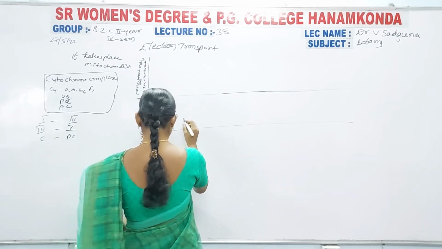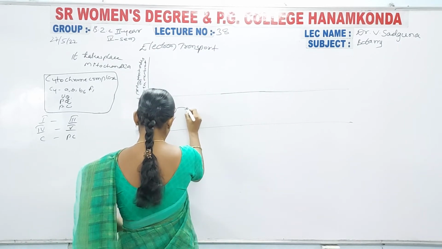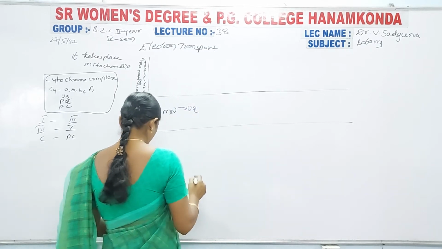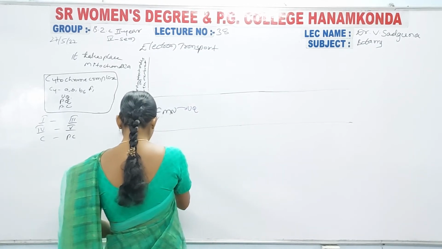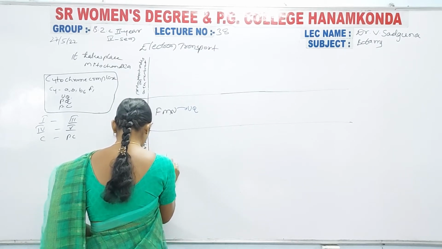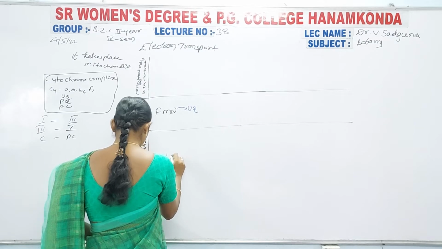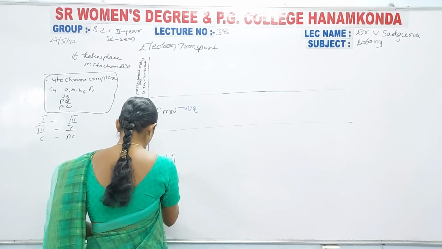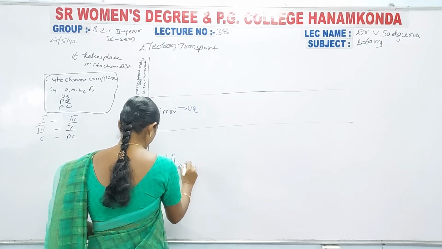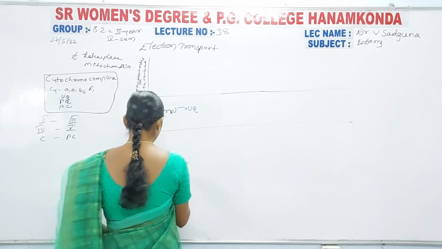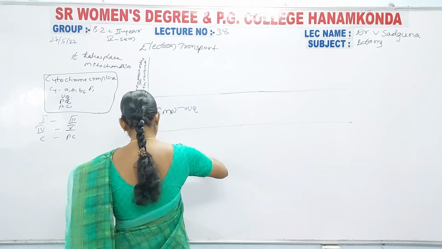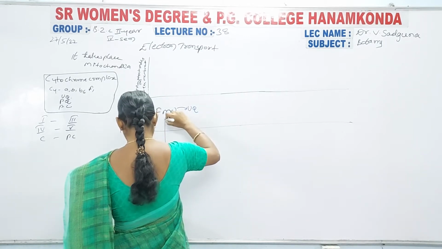FMN is present in the ubiquinone. Then the NADH plus H plus molecule becomes NAD plus, and is given to the FMN.